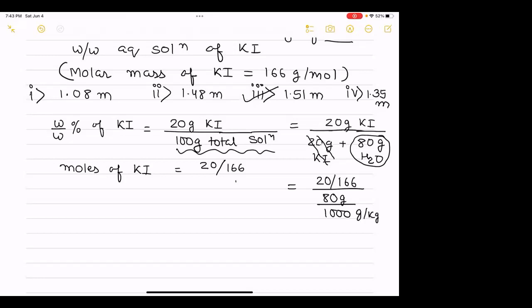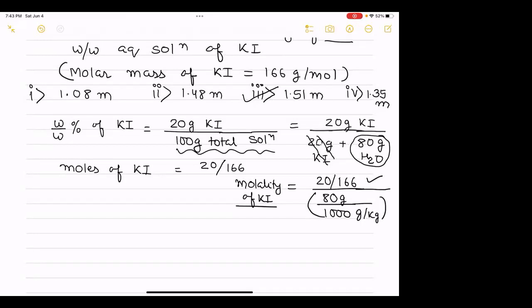This will be the molality of KI: moles of KI divided by mass of solvent only, water only, in kilograms.